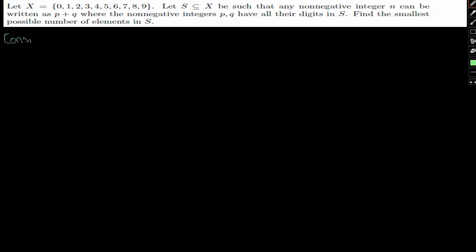Consider a plus a, b plus b, c plus c, d plus d modulo 10.